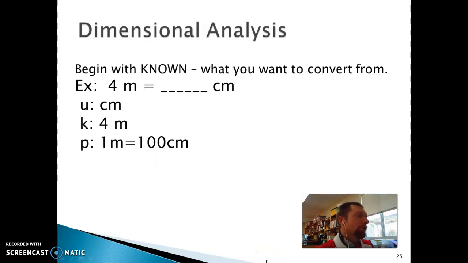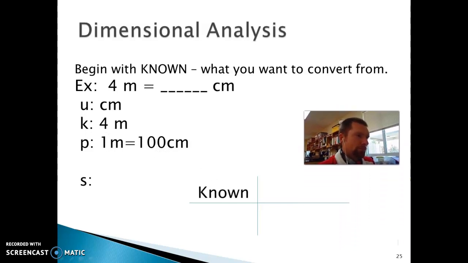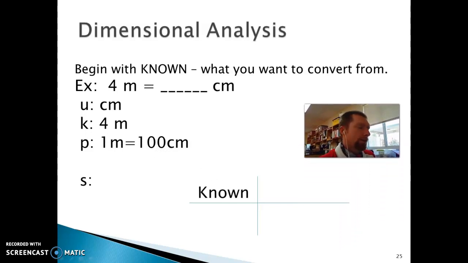All right, so now we're going to solve, and that means, like we said up here, we're going to start with the known, the quantity we know, and then we will convert that to the thing that we don't know.